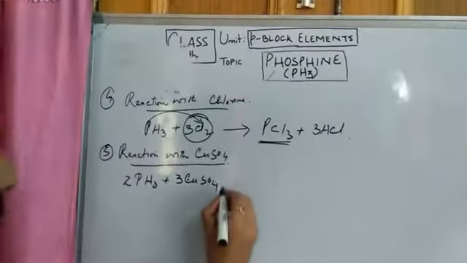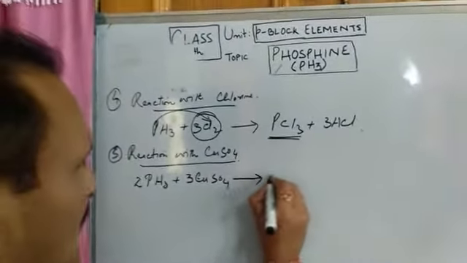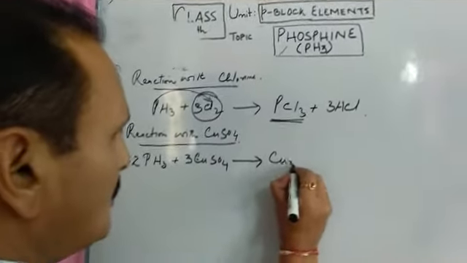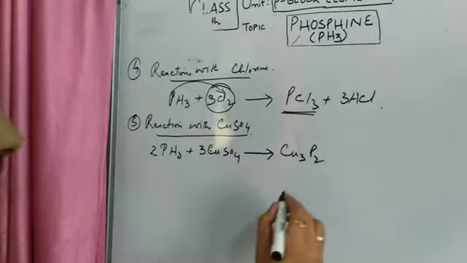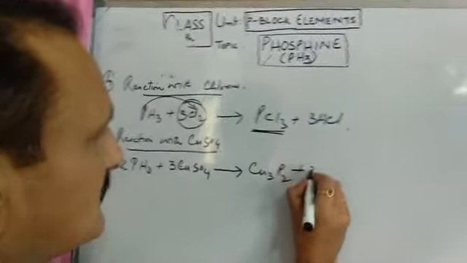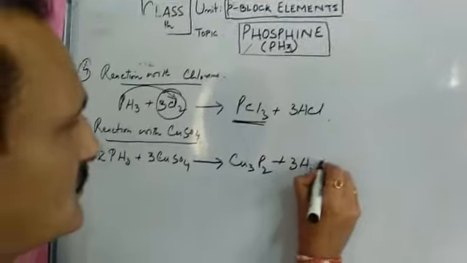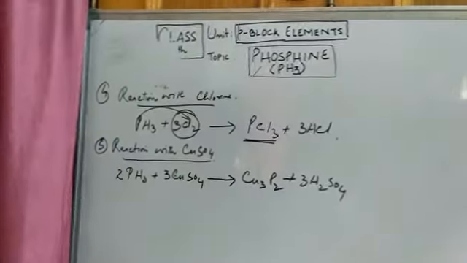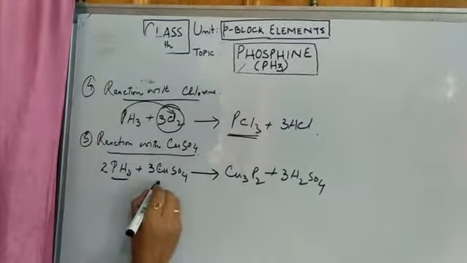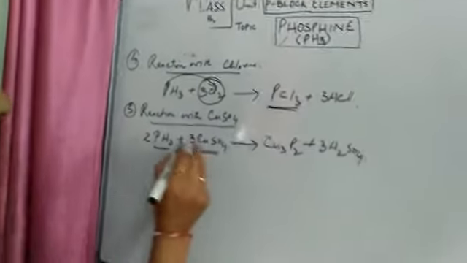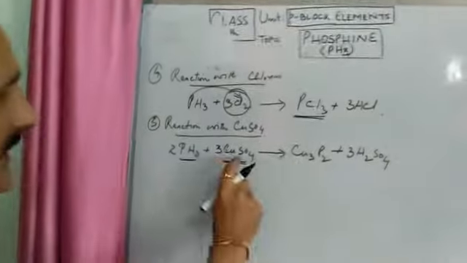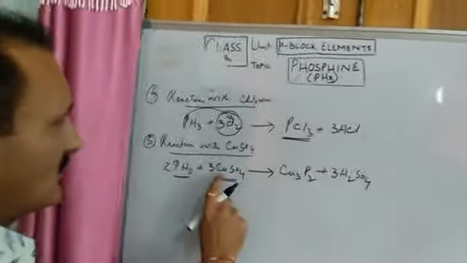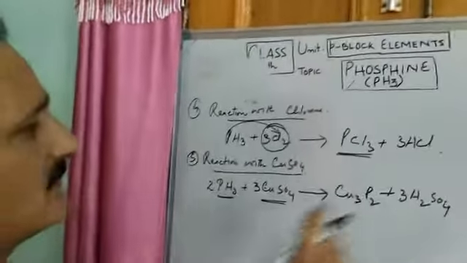What is formed in the product? Copper phosphide along with sulfuric acid. So please note that when phosphine is treated with this salt of copper, copper sulfate, then copper phosphide is formed and another product is sulfuric acid.